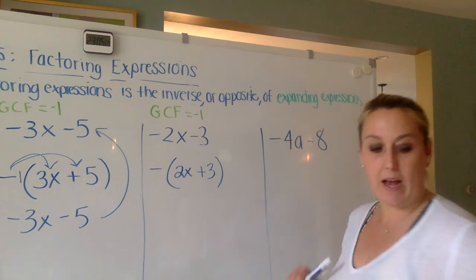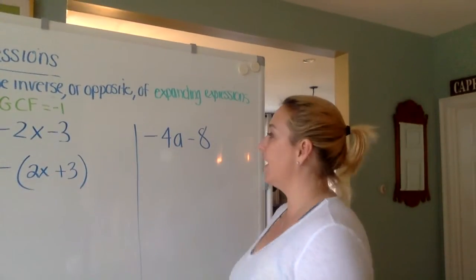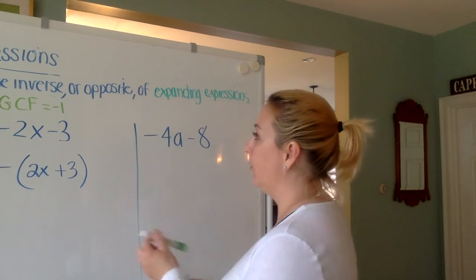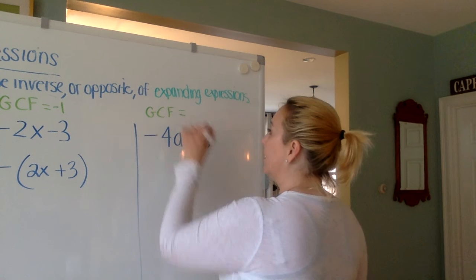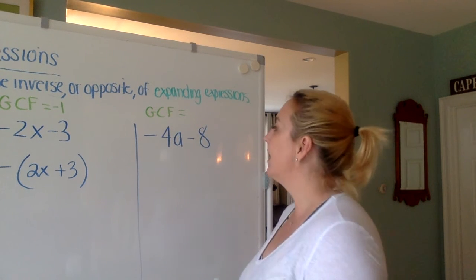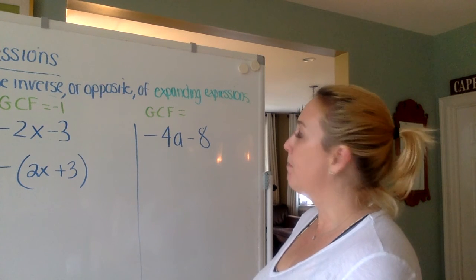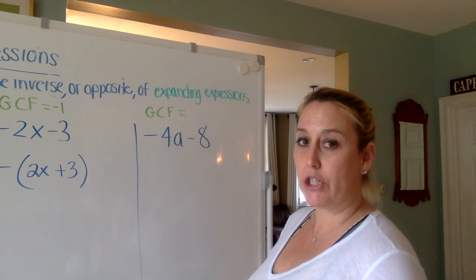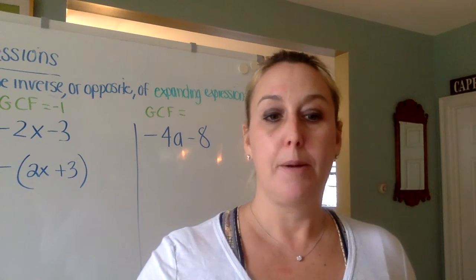Last one, finally we get to where they do have a greatest common factor. So the greatest common factor for negative 4a minus 8. What's our GCF for negative 4a minus 8?